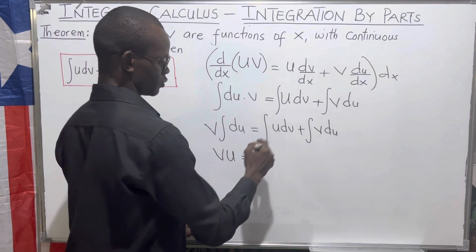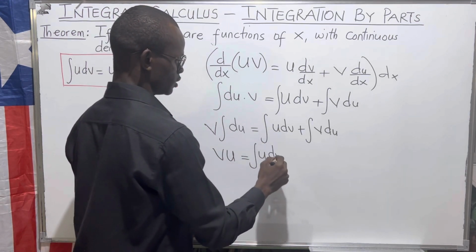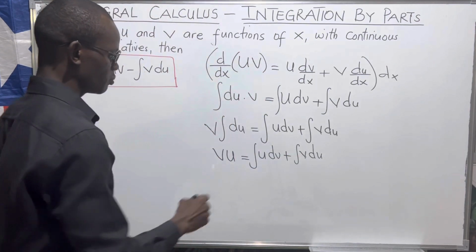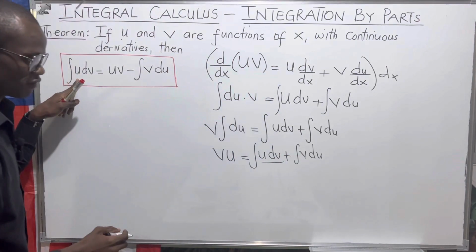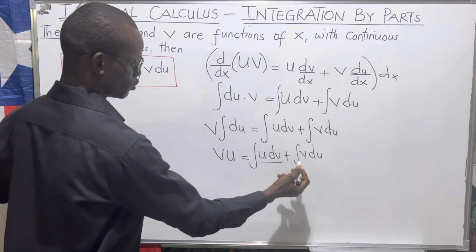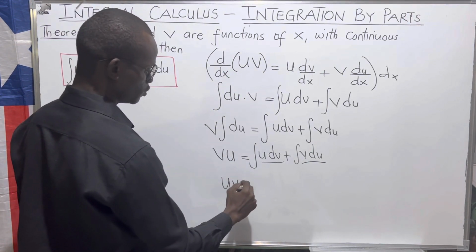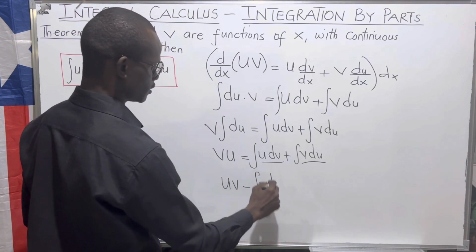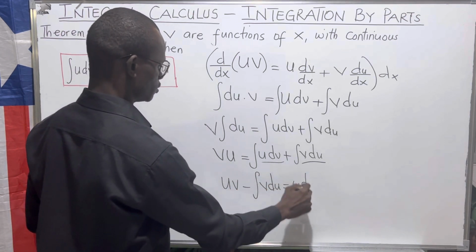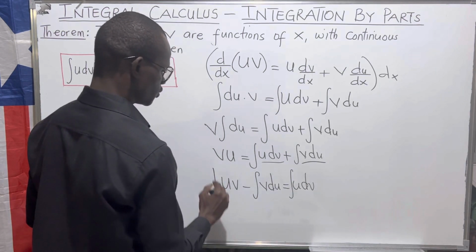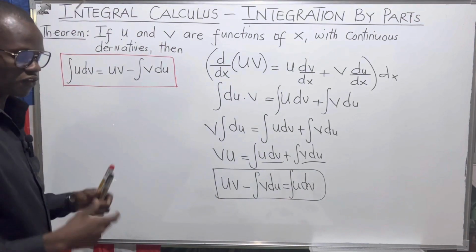We want to make u dv the subject, so we send the other term across. We have uv minus the integral of v du equals the integral of u dv. So this is the formula for integration by parts.